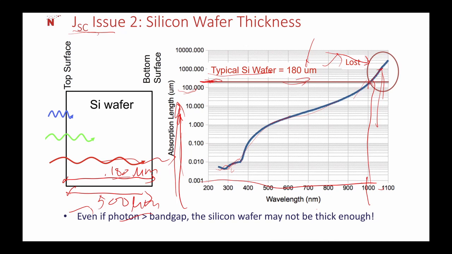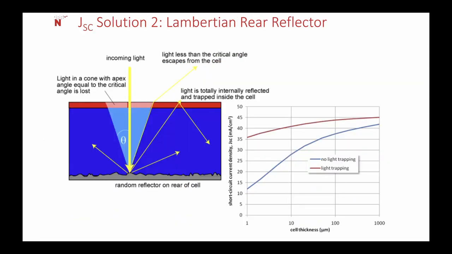There are some things we can do about this. Without increasing the thickness of the wafer, we can apply some coatings so that we can absorb more light. How can it be done?